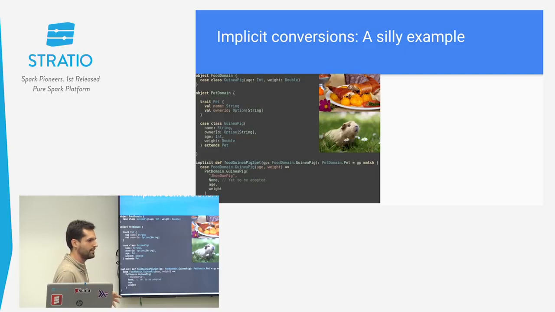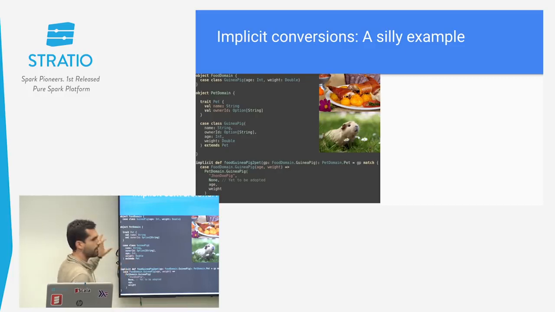We just want its weight and its meat quality given by its age. On the other hand, we have a database of pets. And when you have an animal as a pet, you usually provide a name for it, and an owner, which might be optional because it's in the process of adoption, or you have already an owner and you provide a value for it. So that's why it's optional.